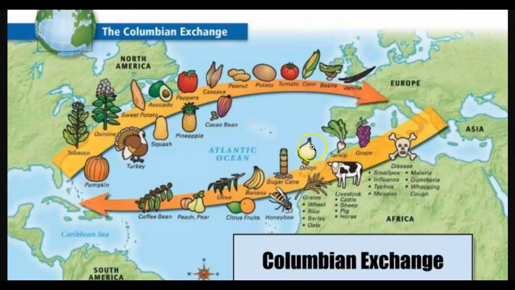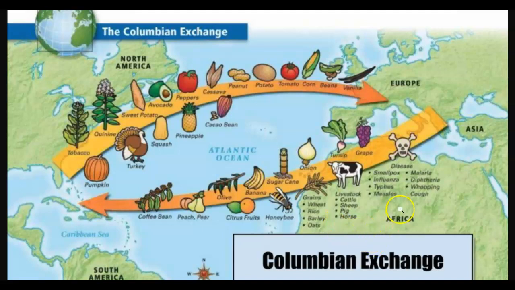Oh, here we go. Horse. Native Americans did not know what a horse was. There were no horses until Europeans brought them over. Think about the change that made to Native American life. Suddenly all the tribes in the West become dependent on the horse as their means of transportation and hunting.